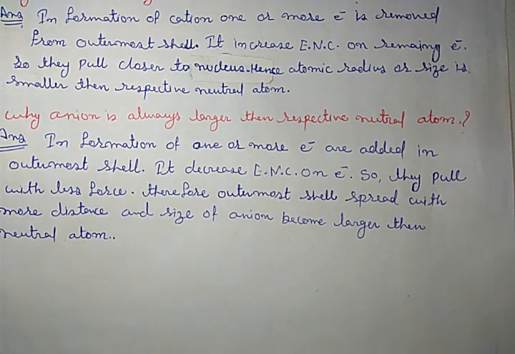So definitely there will be a decrease in effective nuclear charge. And when the effective nuclear charge decreases, the electrons of the outermost shell spread at more distance, because the attraction force decreases. Hence the size of the anion becomes larger. Got it?